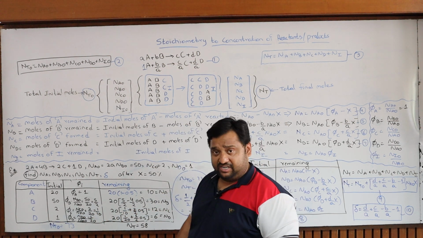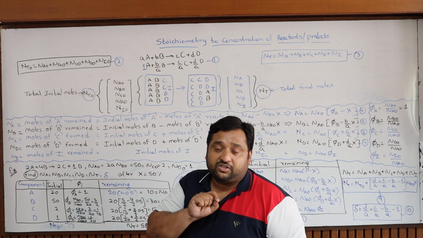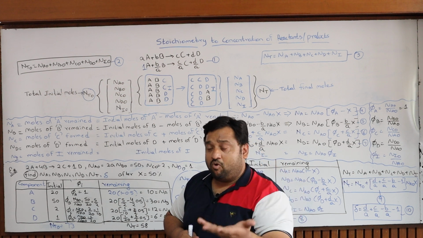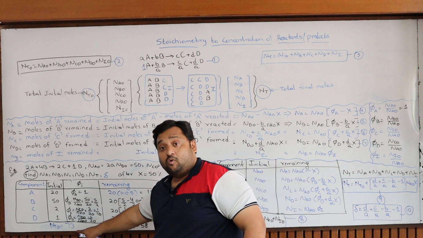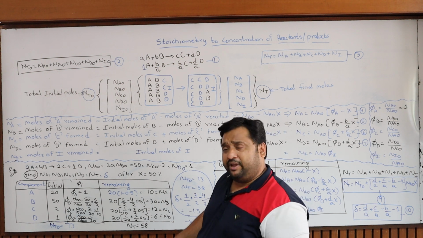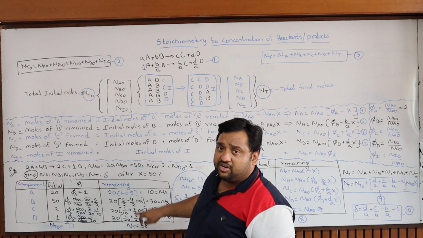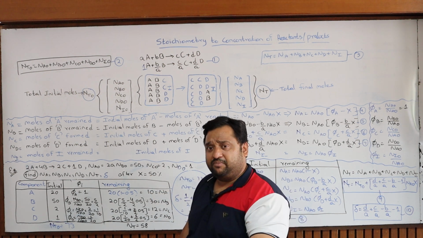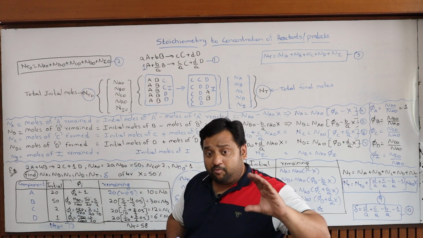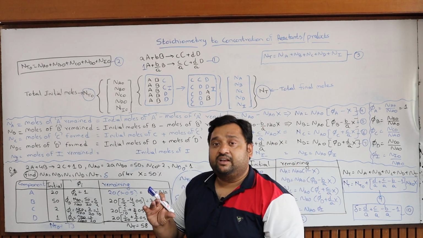Whatever data we have generated here is for 50% conversion, because if the conversion is more, a greater diminishing of the moles will be seen. You can do it as homework for 10%, 20%, 30%, and see how the initial and final moles change for every conversion.